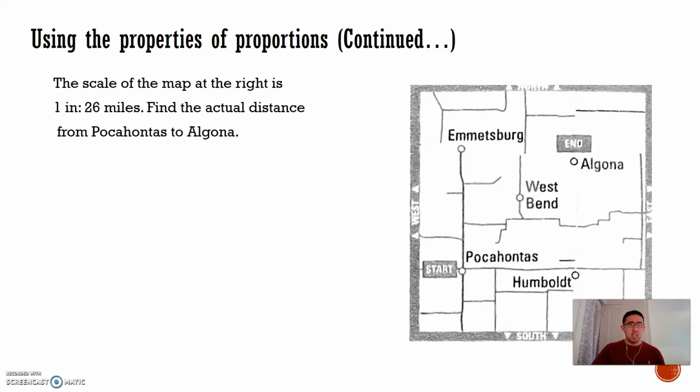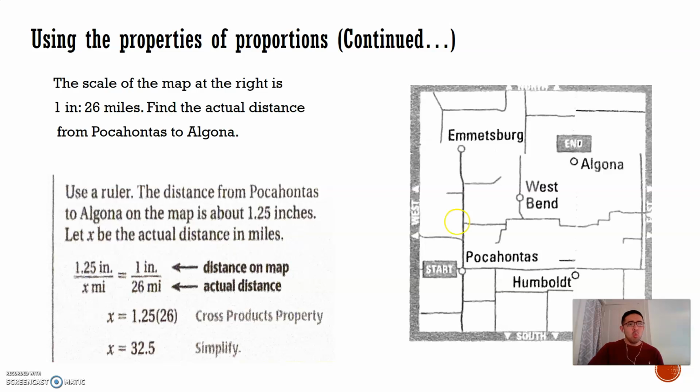The same thing here. The scale of the map to the right is 1 inch to 26 miles. Find the actual distance from Pocahontas to Algona. When you use a ruler on the actual map in the book, you find that the distance on the map is 1.25 inches.